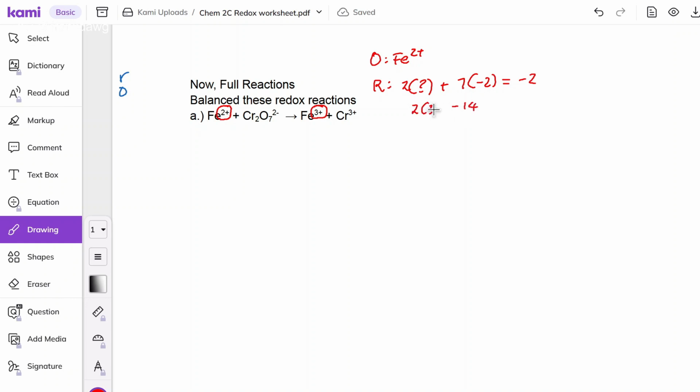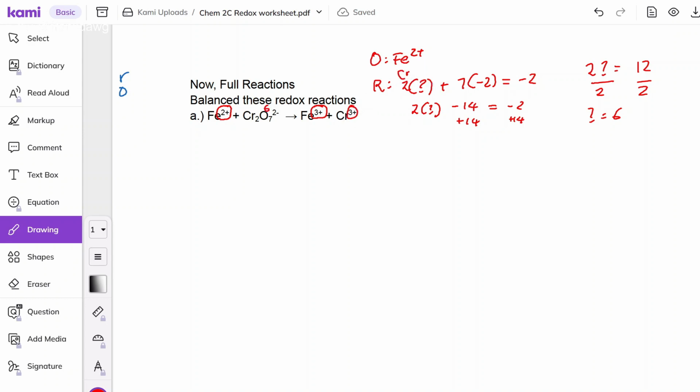Now we move 14 to the other side. Then it becomes 2 times the question mark equals 14 minus 2, which is 12, divided by 2. So the question mark is equal to 6. So right here, the charge of chromium is 6, and now at the end we can see it's 3. So yeah, it is being reduced.